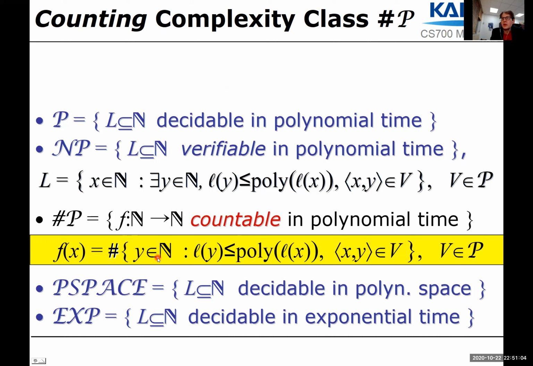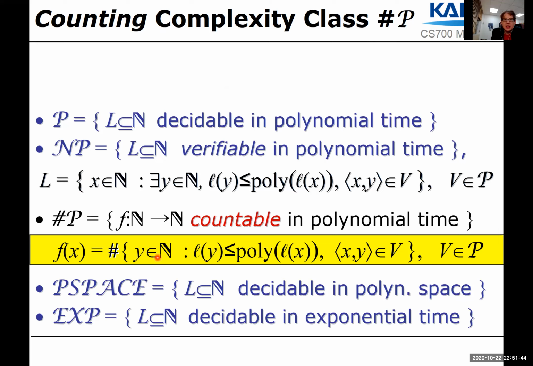And this could, for example, be the question, how many Hamiltonian circuits does a given graph have? Which is of course a stronger question than asking, does the graph have a Hamiltonian circuit? Namely, if we know that the graph has like 17 Hamiltonian circuits, then we know in particular that it has at least one Hamiltonian circuit, whereas the opposite is not true. If we only know that the graph has at least one Hamiltonian circuit, then we still don't know how many Hamiltonian circuits it has.